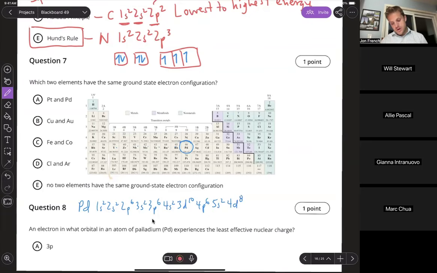So an electron in what orbital would experience the least effective nuclear charge?